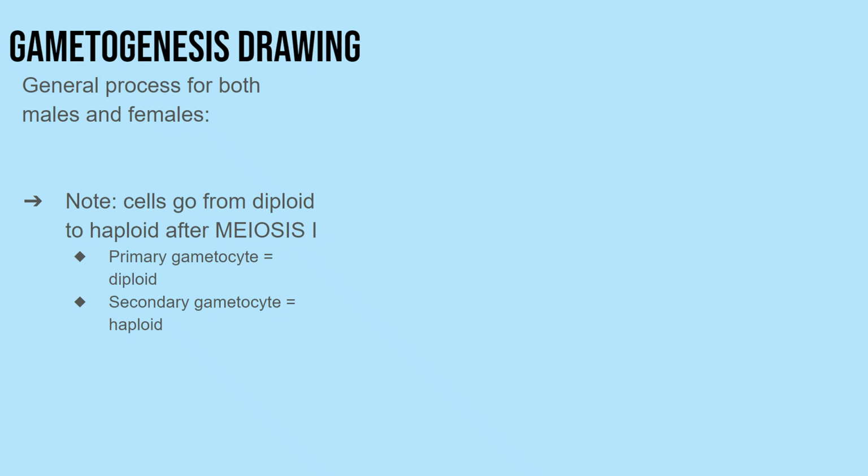So technically, these are all haploid. Technically, these are gametids, and then they're going to go through a maturation stage to form the gametes, which are then either sperm or egg, depending on if we're talking about male or female. So these are gametids.